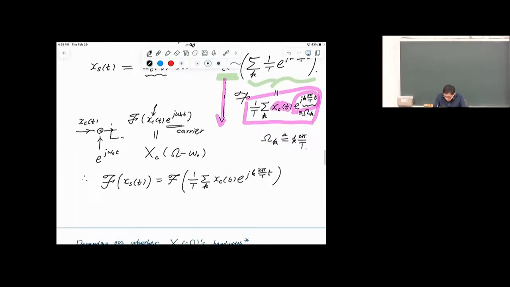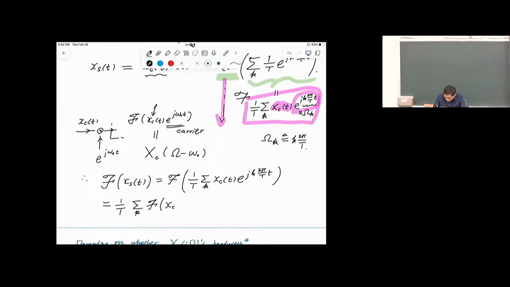And then we know that we can take 1 over t out because the Fourier transform is linear. And we can also put the Fourier transform inside because it is linear again. Because of linearity, you can do this arrangement, and we're almost there.